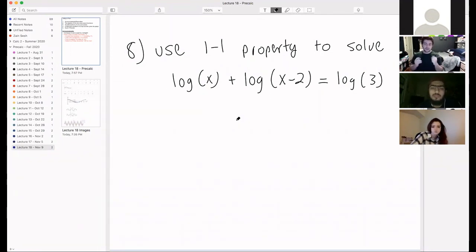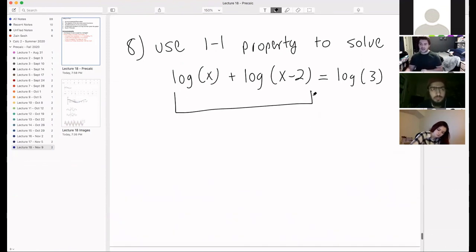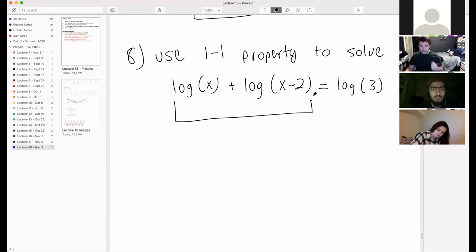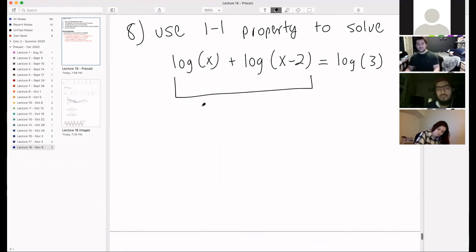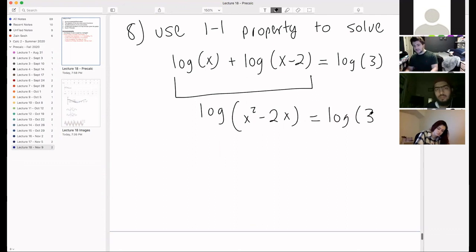In order to use it, I need a single logarithm on both sides of the equation. I don't have that currently because I have 2 logarithms on the left side. So I can use the product rule of logarithms to make one logarithm on the left side. You just multiply the 2 inputs. So this is the same as log of x squared minus 2x is equal to log of 3.